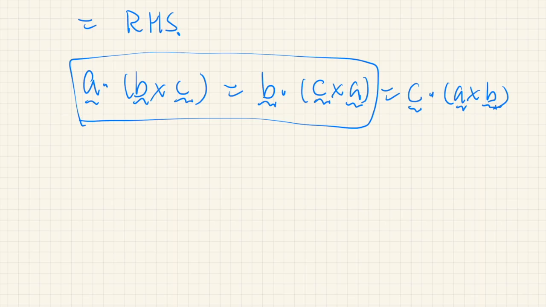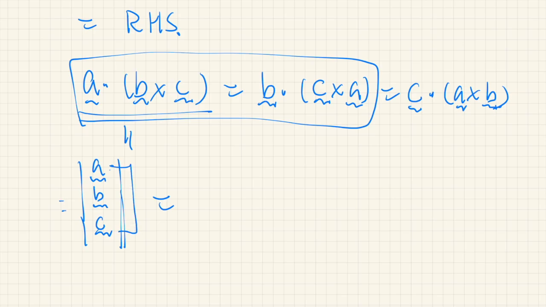We have seen that this is equal to the determinant, so let's write it in the form of a column vector of row vectors. Now this is equal to, if we swap once, let's swap the first row and the third row, then we have a negative sign here, so C, B, A. Now let's swap the first row and the second row.